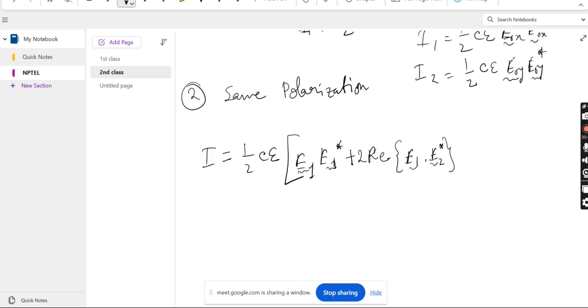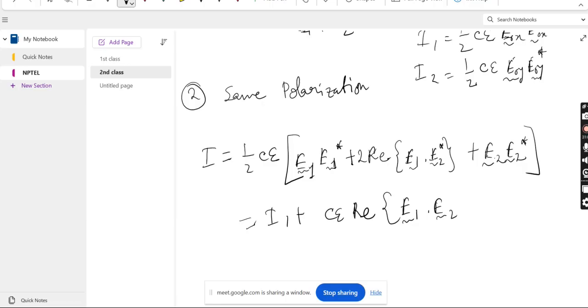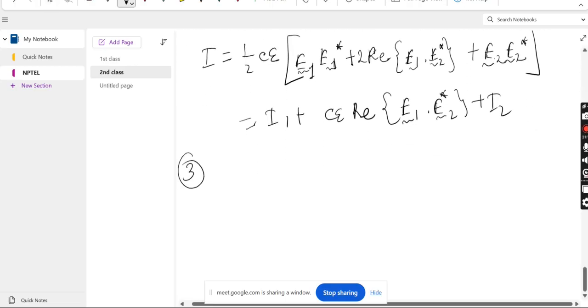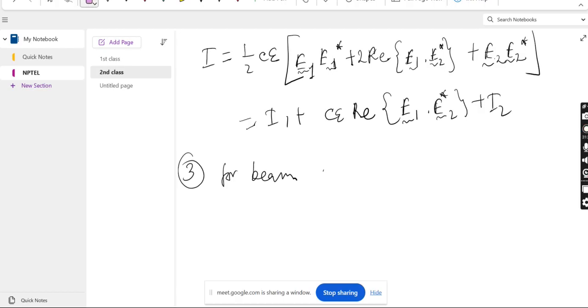Basically, E2 star means the complex conjugate of E2, plus E2 times E2 star. How we came to this formula, and after the formula, how we can write I1 plus I2 plus c epsilon real part of E1 E2 star, that has been discussed in the class. And another scenario is for a beam combining with a delayed replica of itself. The delay is tau.